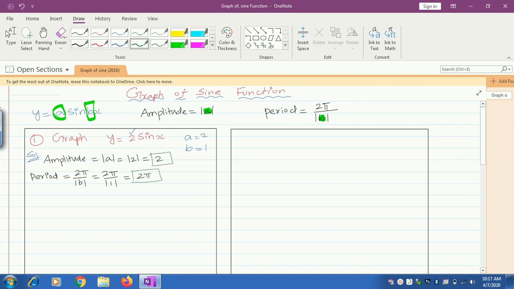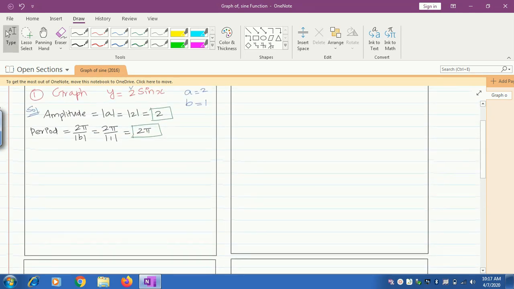Usually when you graph any function, we will first use the schedule, after that we have to draw the graph. But here we are going the reverse process. Let us take the schedule here, the table of x and y values.